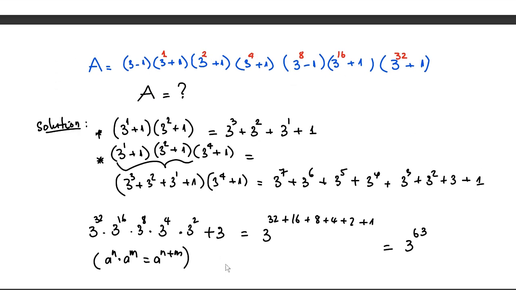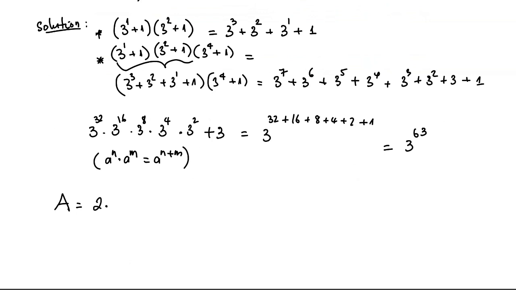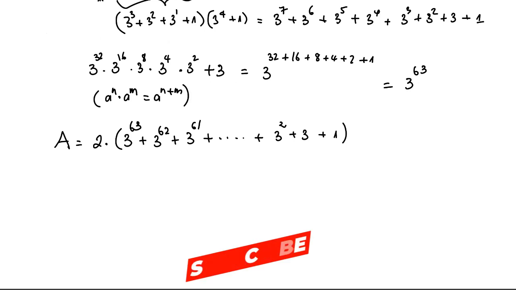A is equal to 2 times (3^63 + 3^62 + 3^61 + ... + 3 squared + 3 + 1). And now I want to divide by 2.